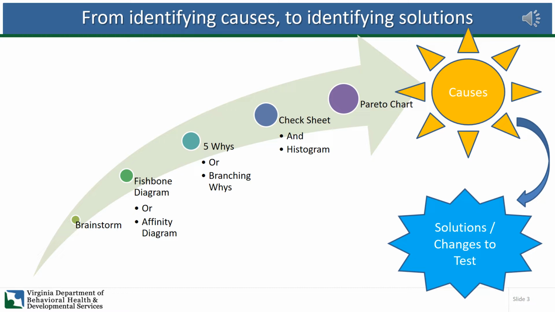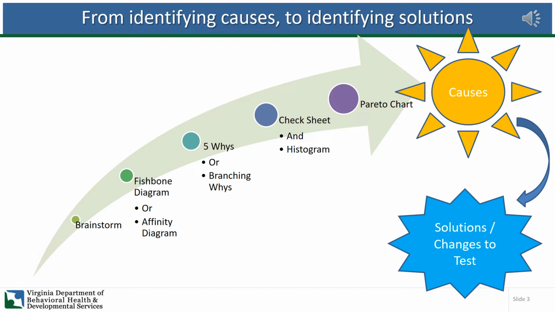We then moved on to explore the techniques of the 5 whys and the why tree. And finally, we moved into counting our causes to help identify those that happen the most often using check sheets, histograms, and Pareto charts. So here we have arrived at identifying our causes.